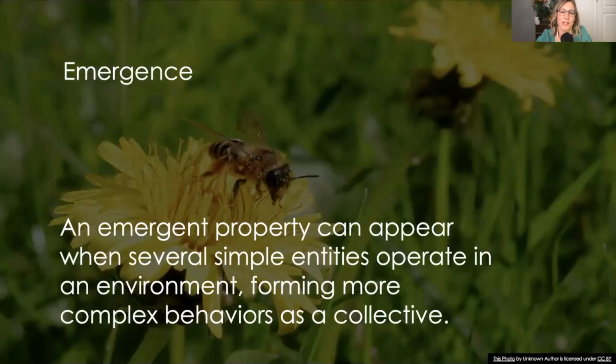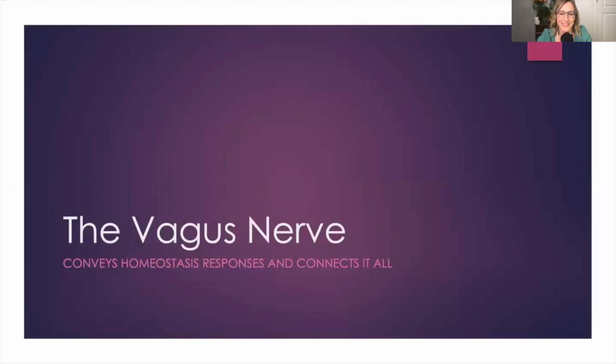All these microorganisms that live in our body have a role in our health, and they also have a role in causing disease, which is why we'll talk about the balance of that. And then the vagus nerve. I don't really have a good picture for the vagus nerve, that isn't some anatomical description, but the vagus nerve is what conveys homeostatic responses and connects all of it, the gut, the brain, us as human organisms, to our emotions, to our experience.